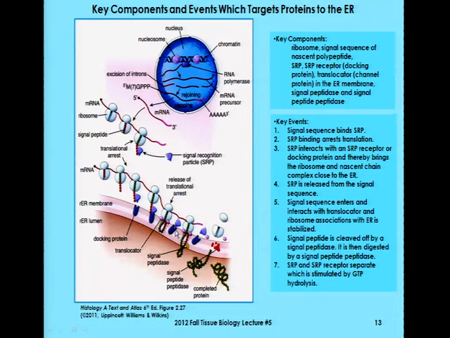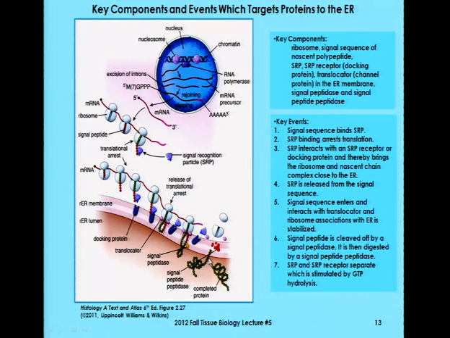Subsequently, the signal recognition particle and the docking protein dissociate, and that involves GTP hydrolysis. There's a continuation of protein synthesis and translocation of the peptide. The signal peptide, shown in red here, is cleaved off by a signal peptidase.